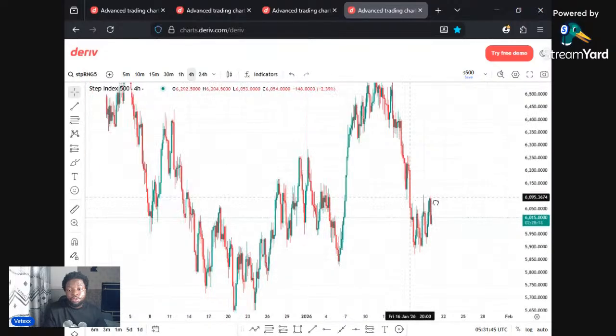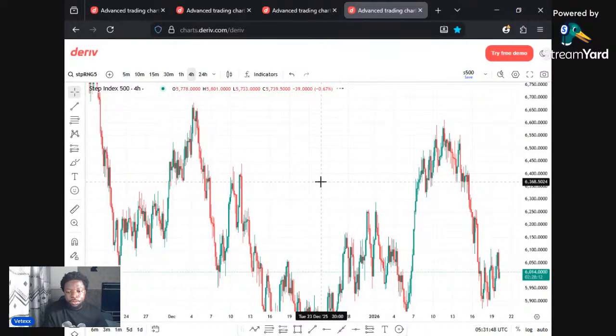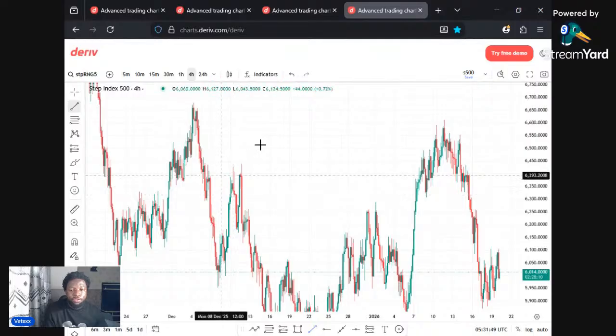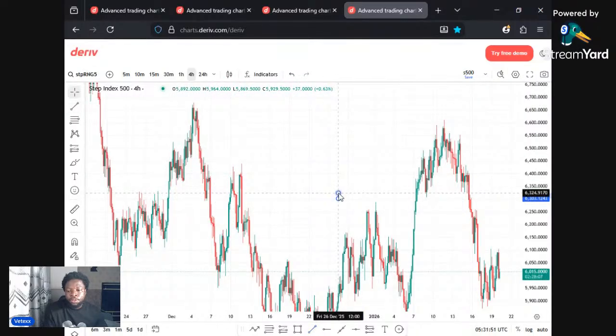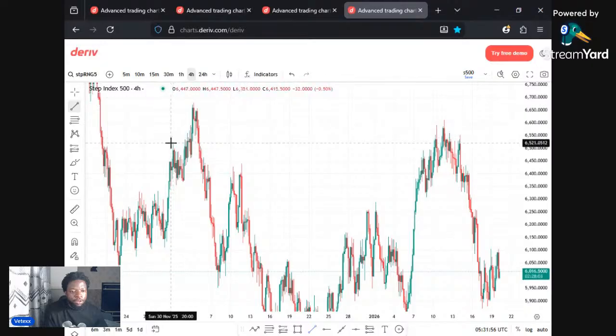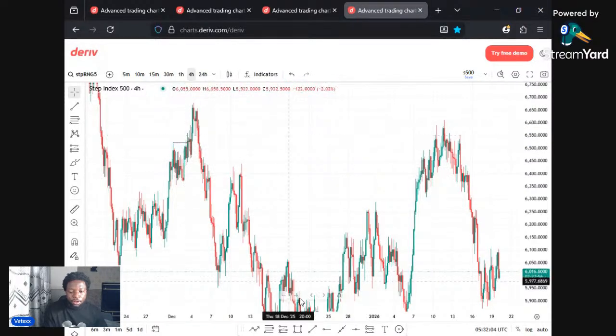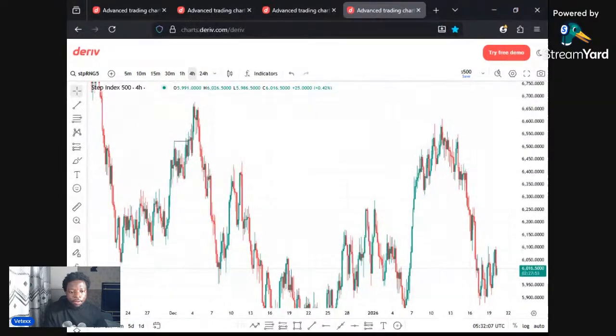So what is left for us to do right now is, this is on a 4-hour time frame. Clearly you can see that we have a sweep of liquidity. If you are following me, just pay close attention. I understand you should be getting this now. So we have our first sweep of liquidity, which is here, and after our first sweep of liquidity we have our first break of structure, which is this.